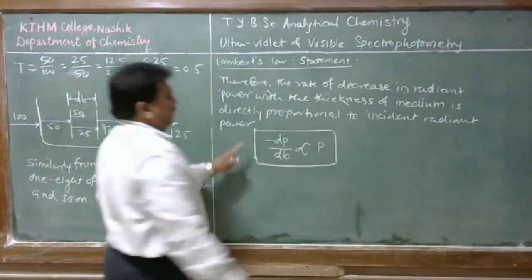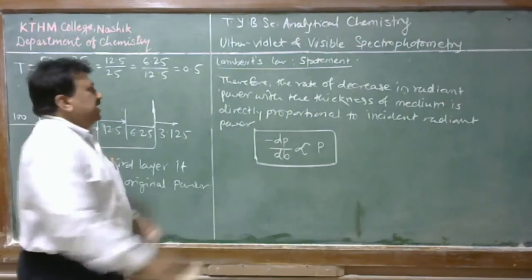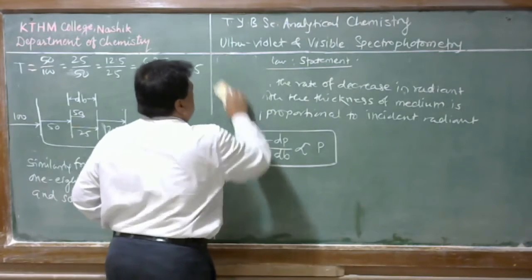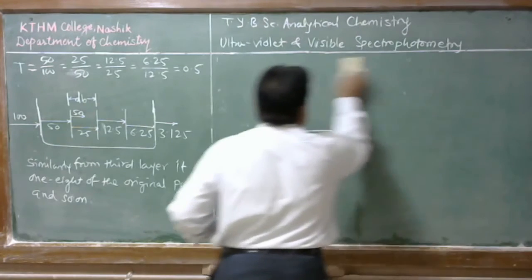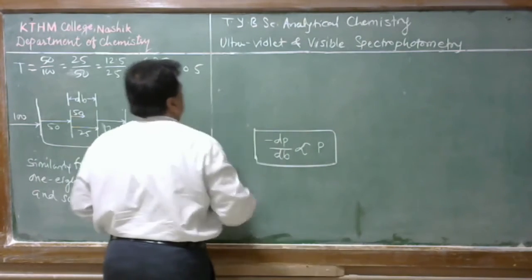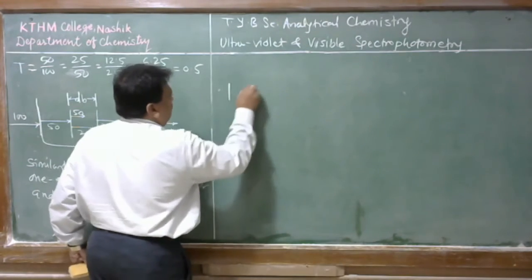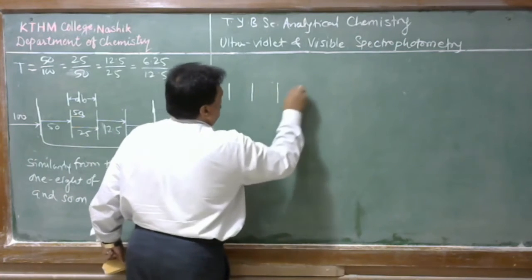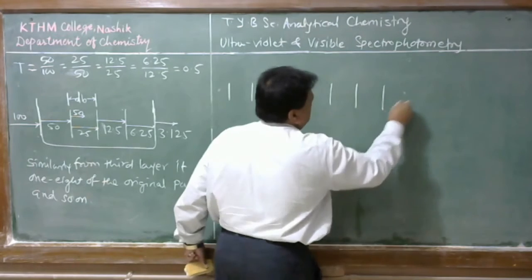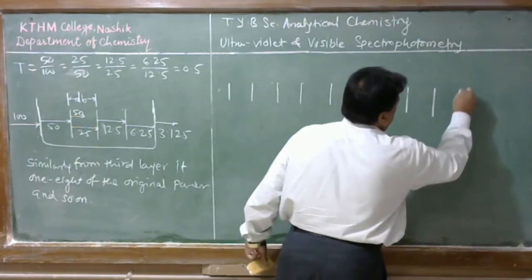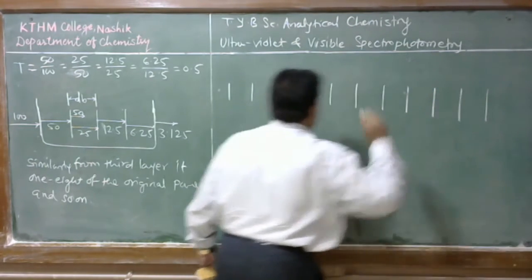Now here, in this case, if we consider a 10-layer system, suppose for example we have a homogeneous system of 10 layers, 1, 2, 3, 4, 5, 6, 7, 8, 9, 10, like this.